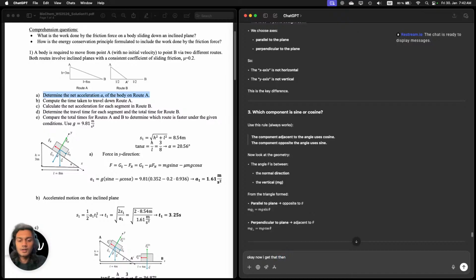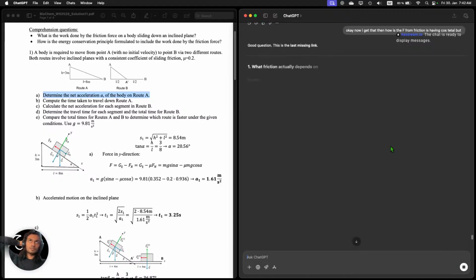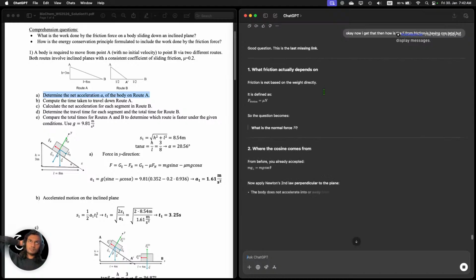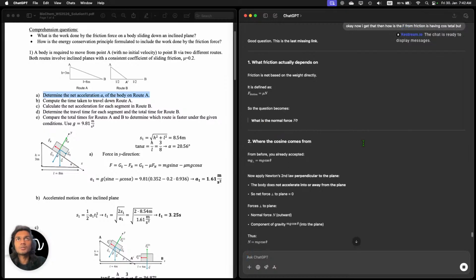Then how is the f from friction, but so the question becomes, what is the normal force where cosine comes from?